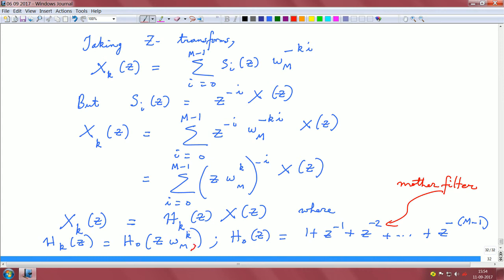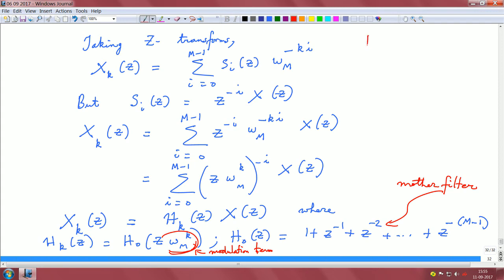By having a modulation term, a modulation factor, we can construct the rest of the filters from the mother filter.